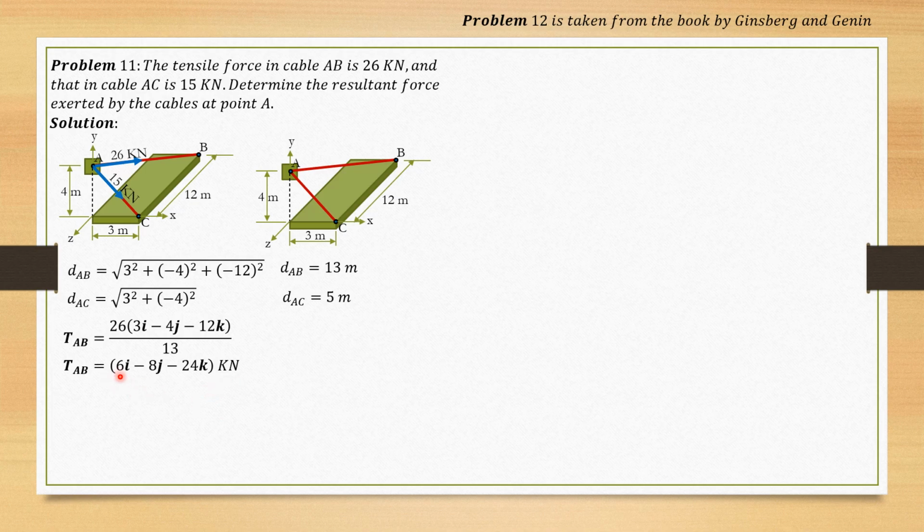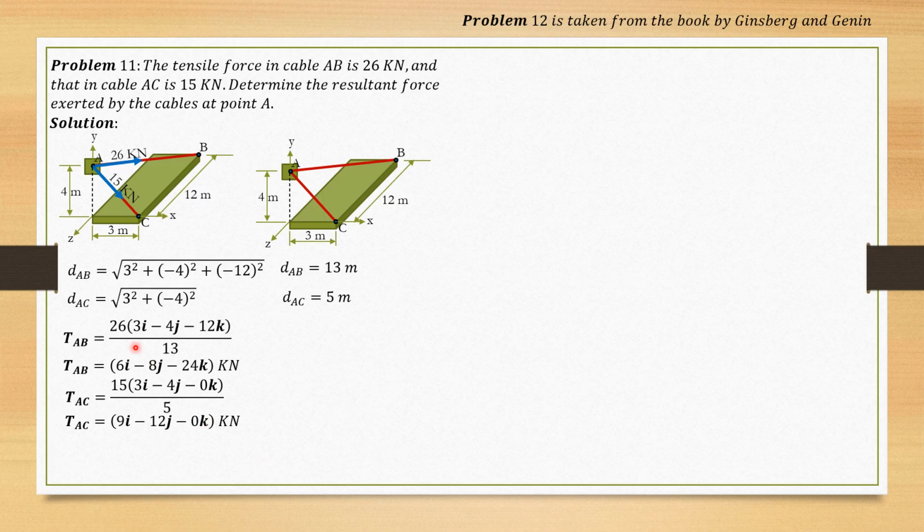These are the X, the Y, and the Z components. For tension AC, it is 15 magnitude times 3i minus 4j plus 0k divided by 5. So tension AC in vector form is 9i minus 12j plus 0k kilonewtons.